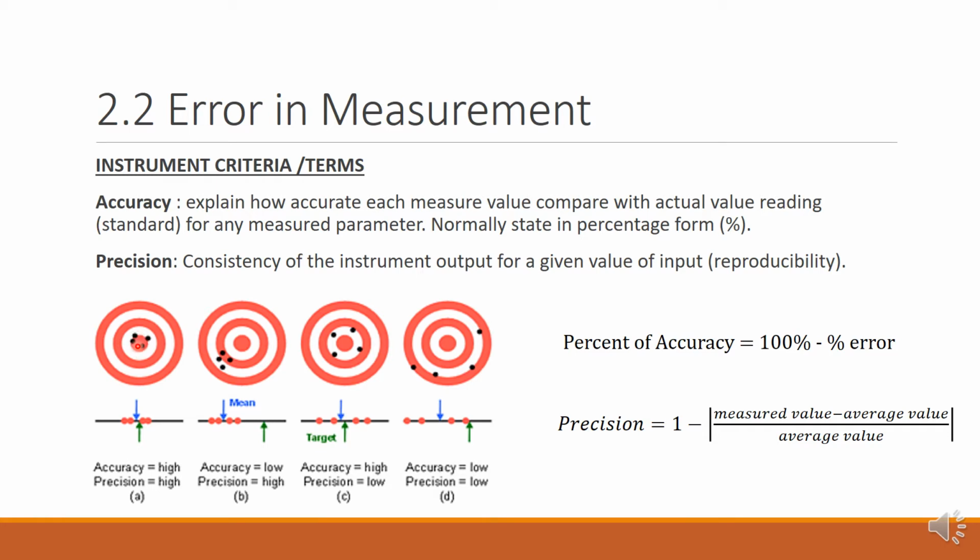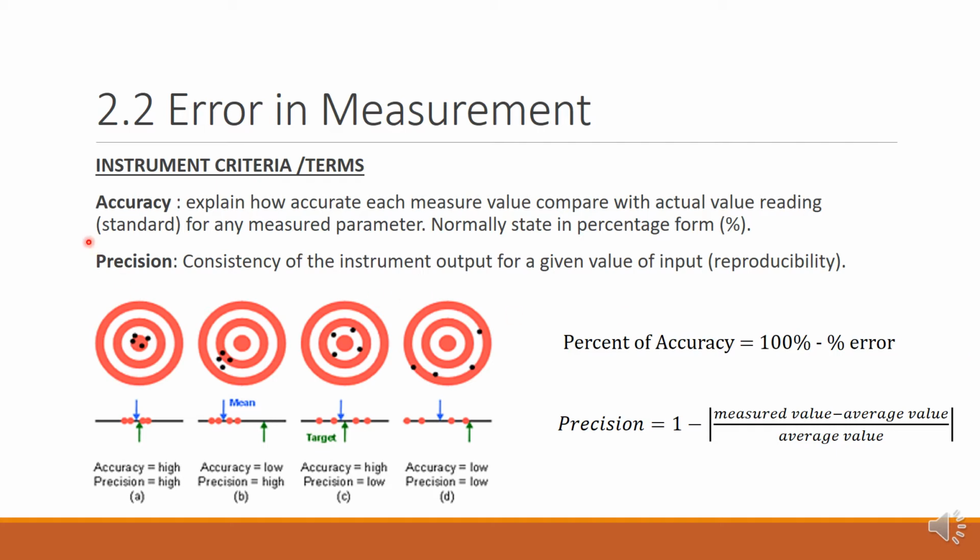We can say this has very high accuracy. If it is scattered away from the bull's eye, then the accuracy is low. So your instrument can have high accuracy or low accuracy. The percent of accuracy can be calculated as 100% minus the percentage of error, which is how much it deviates from the target value.